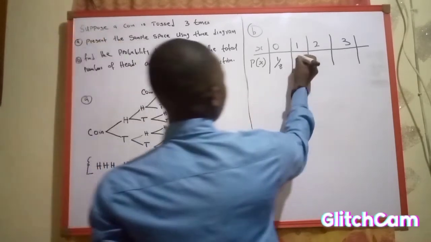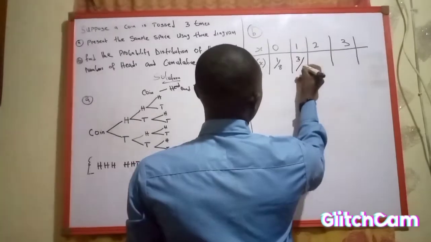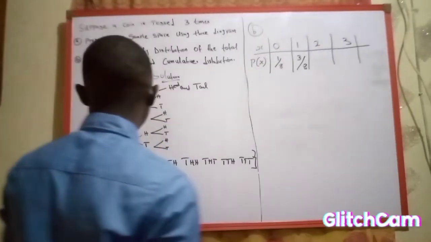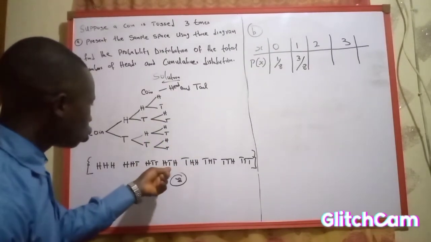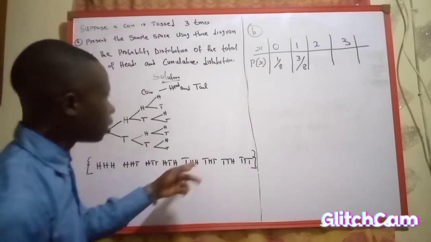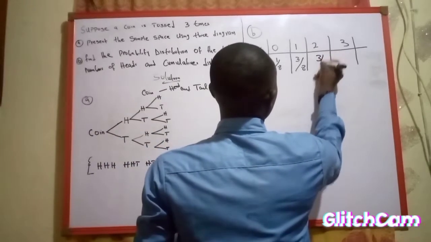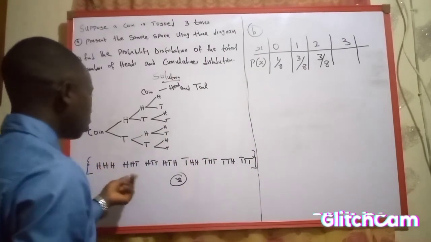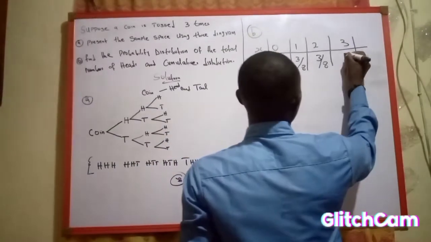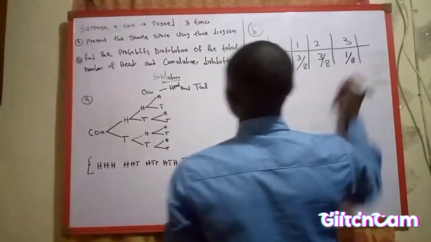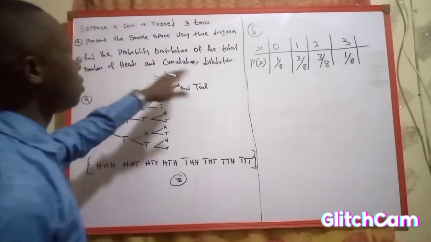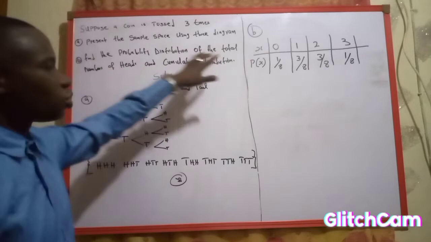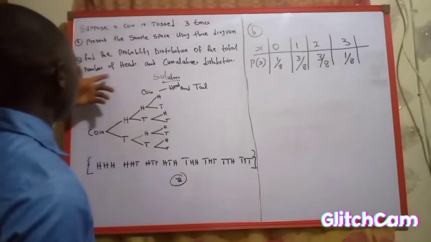We have 3 for 1 head, 3/8. Then 2 heads, we have 1, 2, 3. This is also 3/8. Then 3 heads, it's only one time we have 3 heads, so 1/8. This is how to find the probability distribution of the total number of heads.